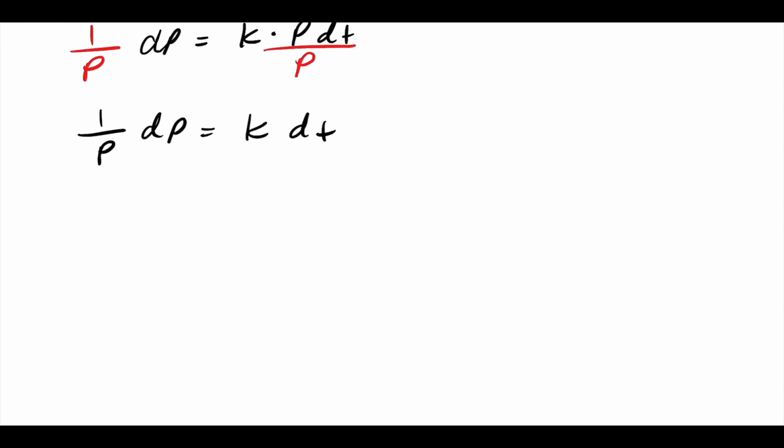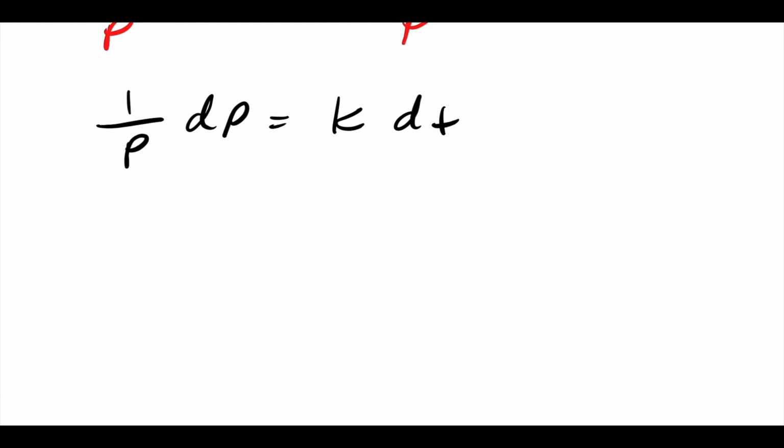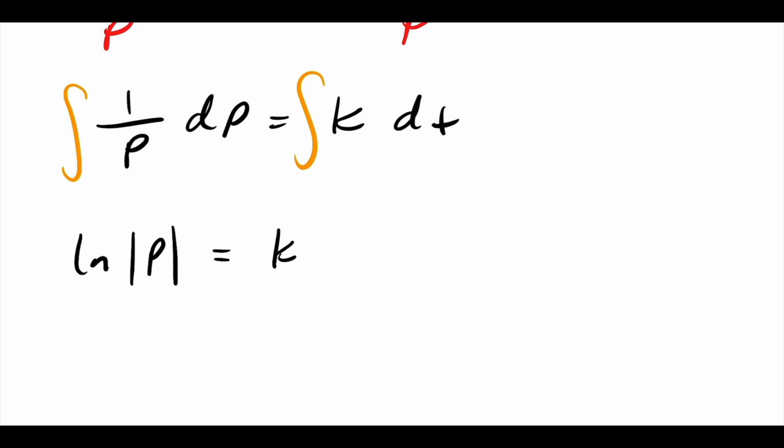Okay. Then we do the same thing we did on the last one. We separate and integrate. So we're going to get the natural log of p here. And then we're going to get k what? It was kx before. It's not going to be kx this time.